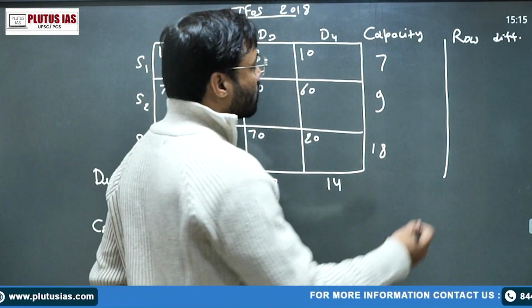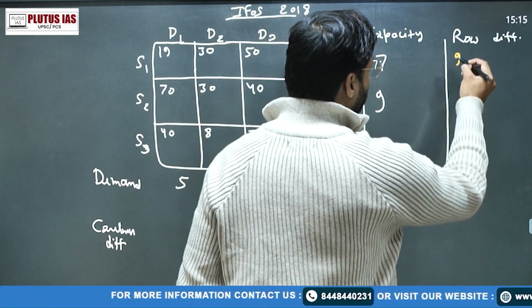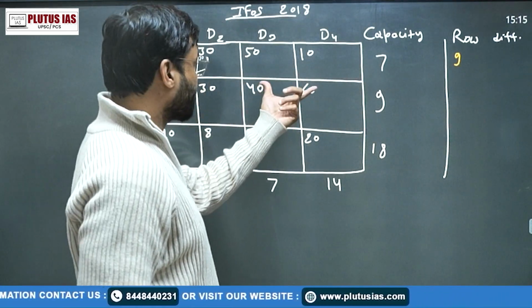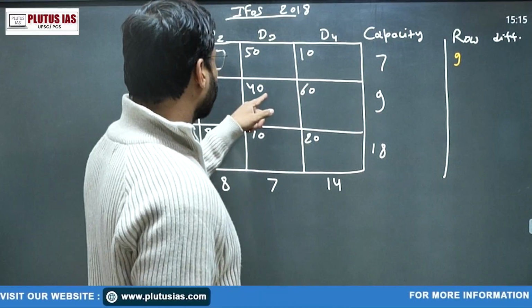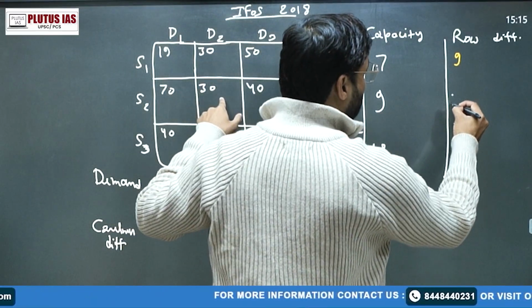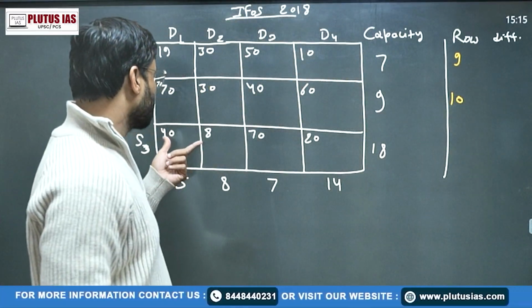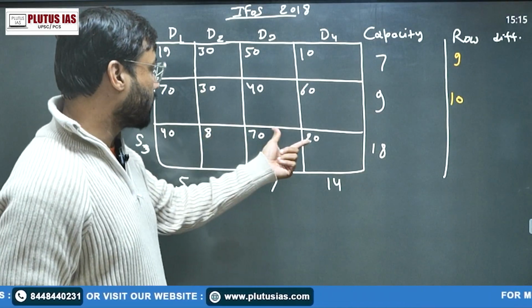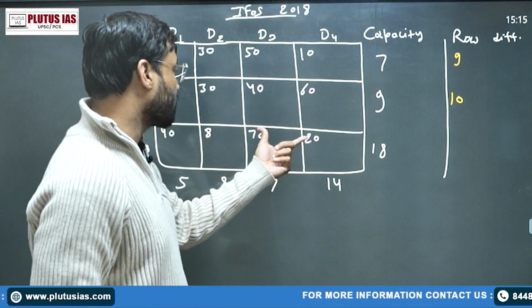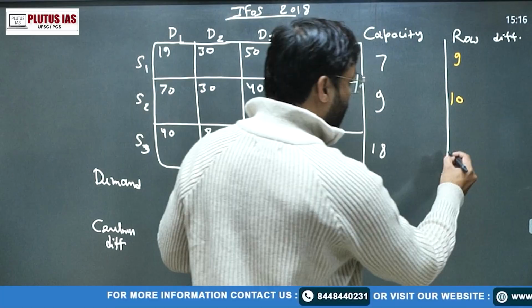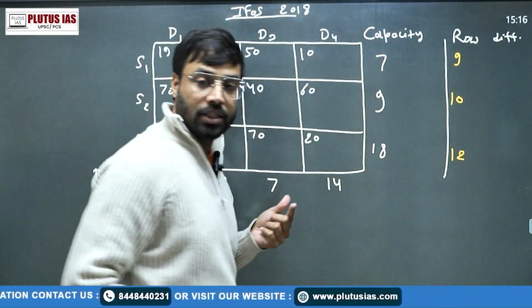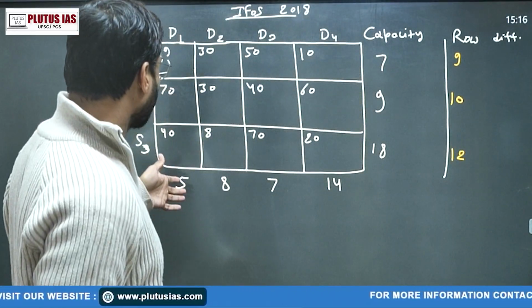Smallest is the 9, so simply write here 9. Same in second row, 30 and 40 are the smallest, so now we choose the 10. And in last row, 8 and 20 are the first two smallest, so take the difference of 20 and 8, we'll get the 12.